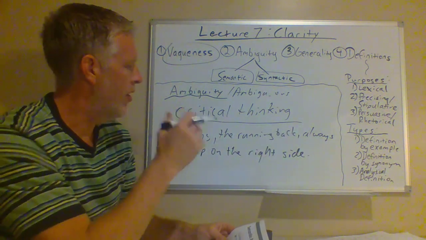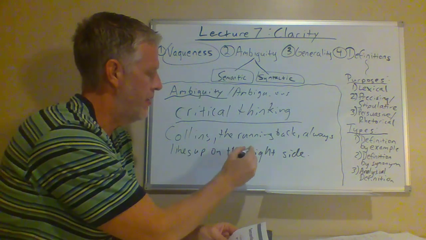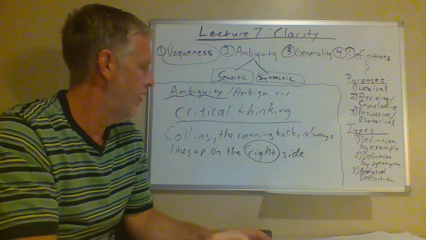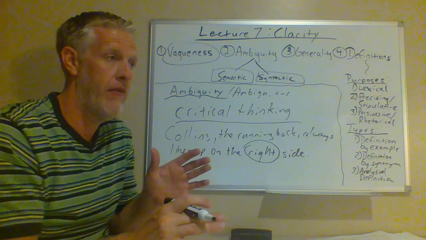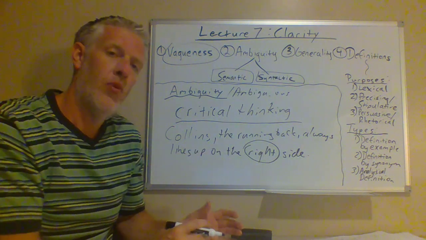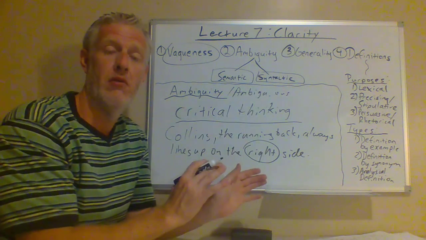Here we have a case of semantic ambiguity because of this idea of the right side. So we have two different possibilities. On the one hand, it could mean he always lines up on the right side as opposed to the left side.